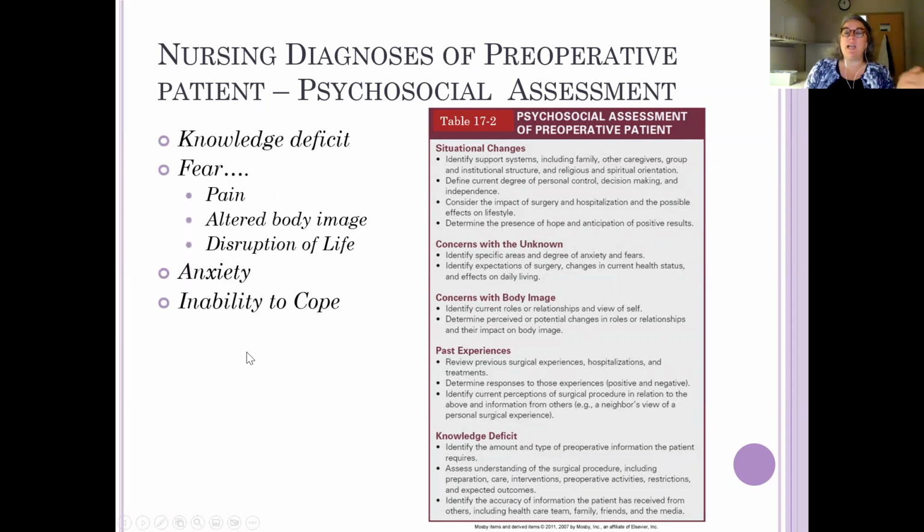So some common ones: knowledge deficit. Usually our primary intervention for knowledge deficit is patient education. Fear. This is a huge one. Imagine that, because whenever anybody's in pre-op and post-op, that means there's going to be some sort of analgesia, sedative situation happening in between.